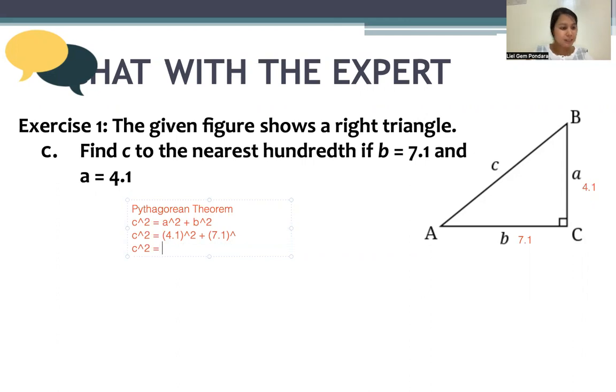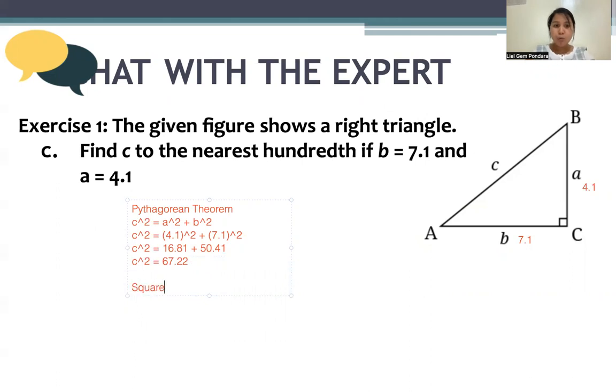Our C is still missing. 4.1 squared is equal to 16.81. While 7.1 squared is equal to 50.41. We add these two, we will get 67.22.